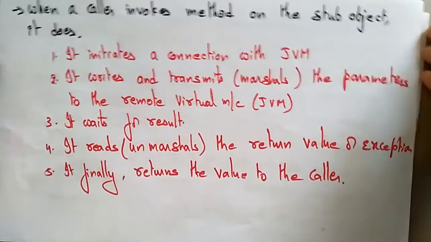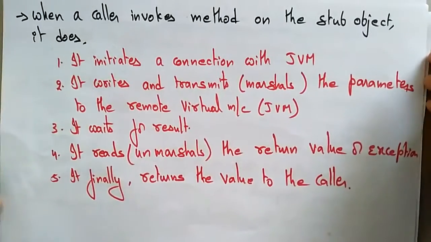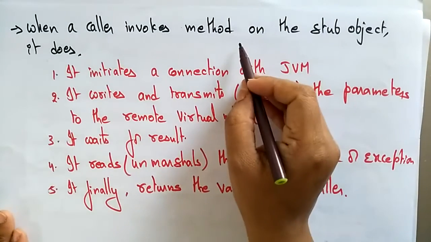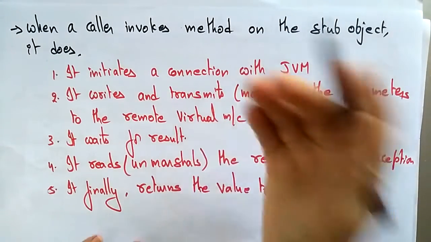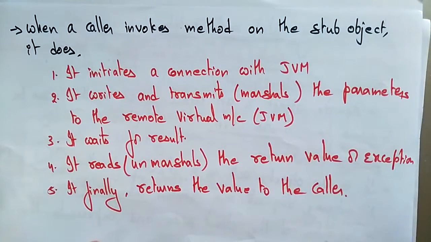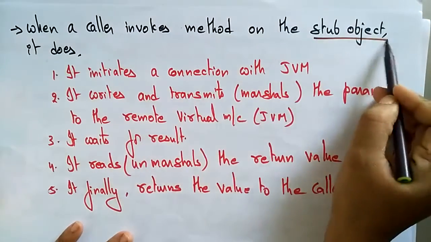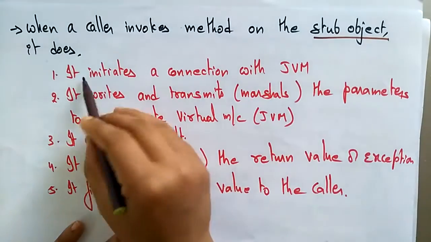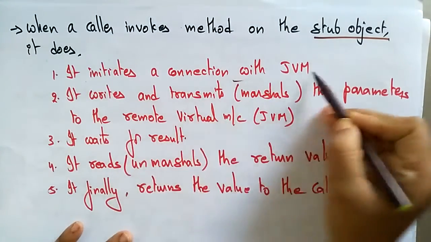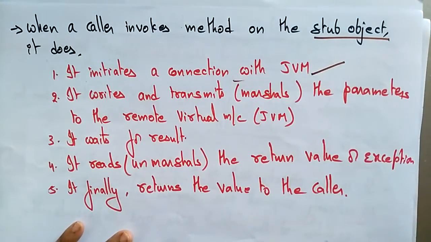So what exactly will the stub object do? When a caller invokes a method, caller means the client wants to invoke a method which is present at another Java virtual machine. So that is a remote object. When the caller invokes a method on the stub object, it has to do these operations. First, it initiates a connection with the Java virtual machine.